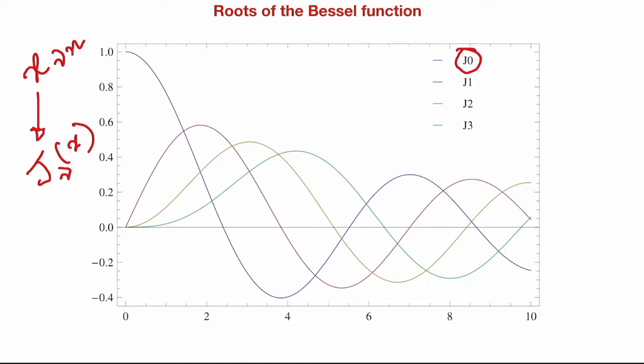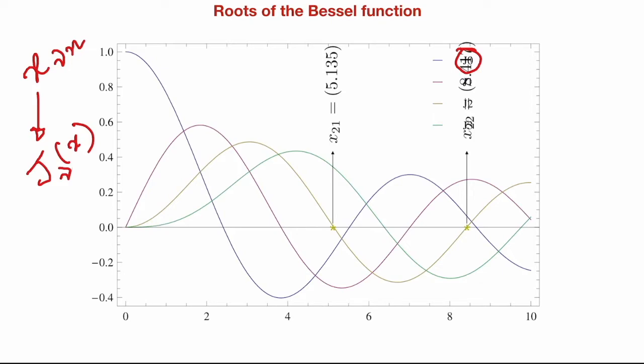Let's quickly look at the roots of the Bessel function J1, that is x11, the first root of J1, which is at 3.813, and the second root of J1 is at 7.015. We can go on like this. We can get J2 and take the first root, and then the second root.